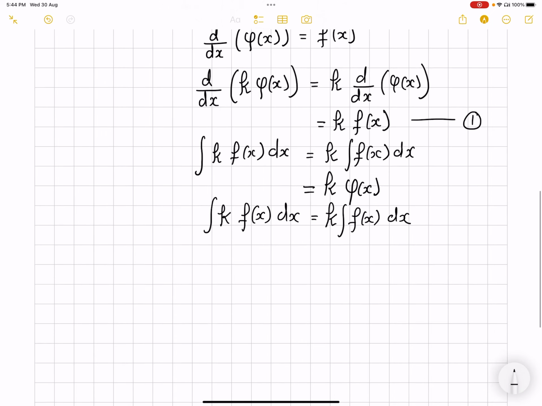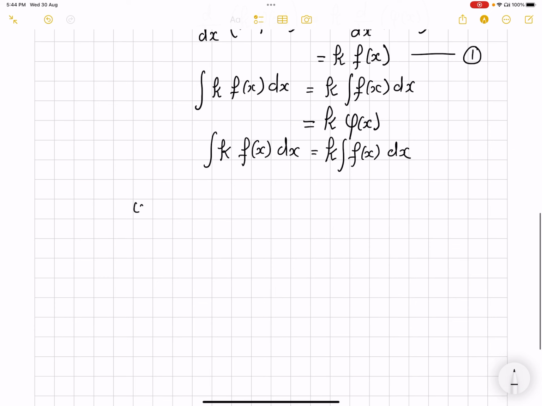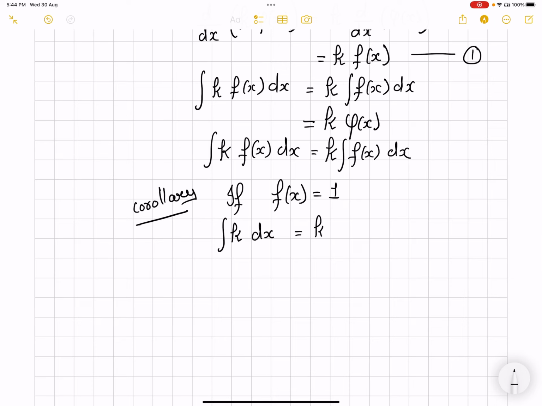Under this, we have a corollary, in which my f of x is equal to 1. In that case, integral k dx, k would be coming out, k is a constant, and then I have only dx. When you integrate dx, what does that mean?